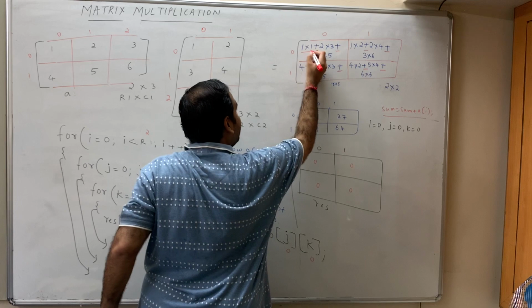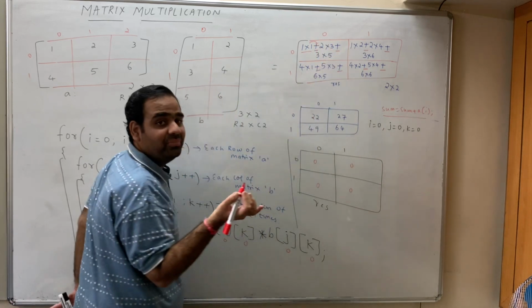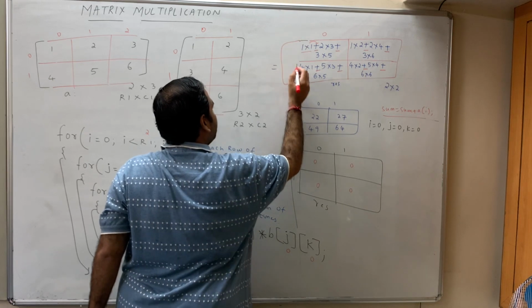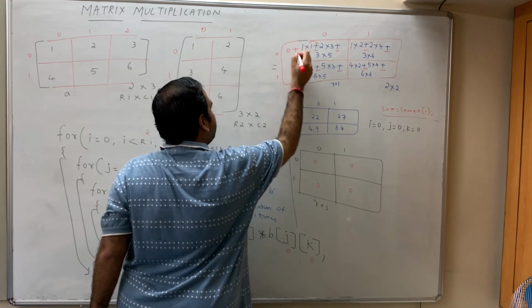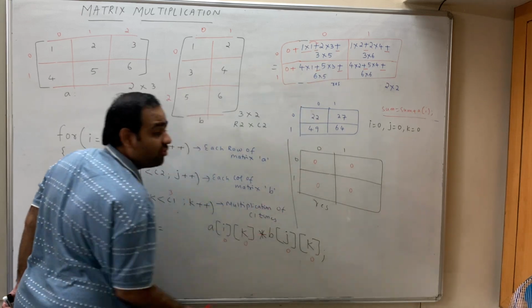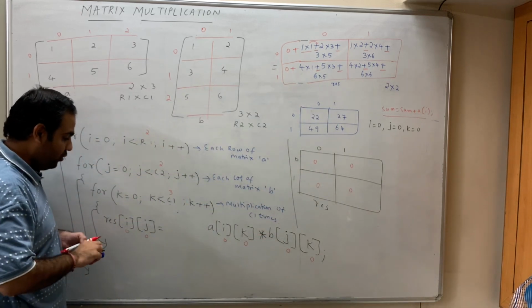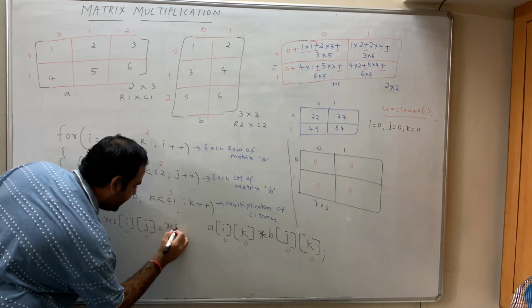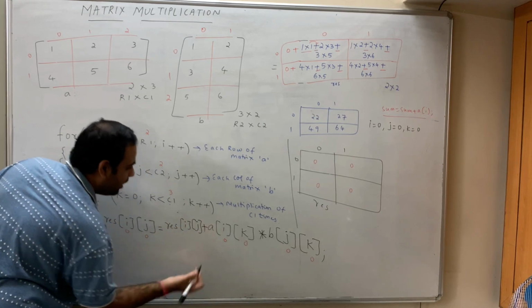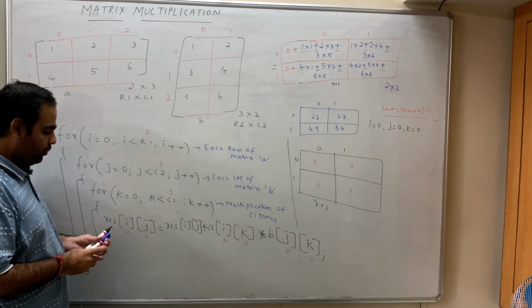Now this 1 into 1 has to be added to something, right, later. Therefore, can I write this way, 0 plus? Hence, the previous value should be added. And how do we add the previous value? I write result of Ij plus A of Ik into B of Kj.